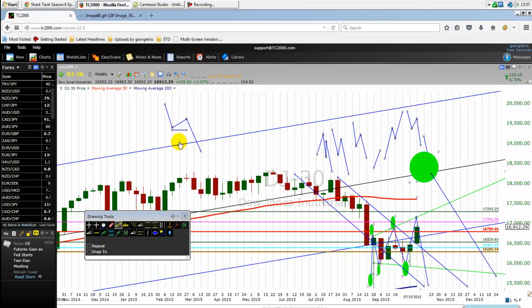So the triangle here is forming the ABC pattern. The B part of the ABC is now an expanding triangle, and it is alerting us that the last part of the ABC is about to be completed.